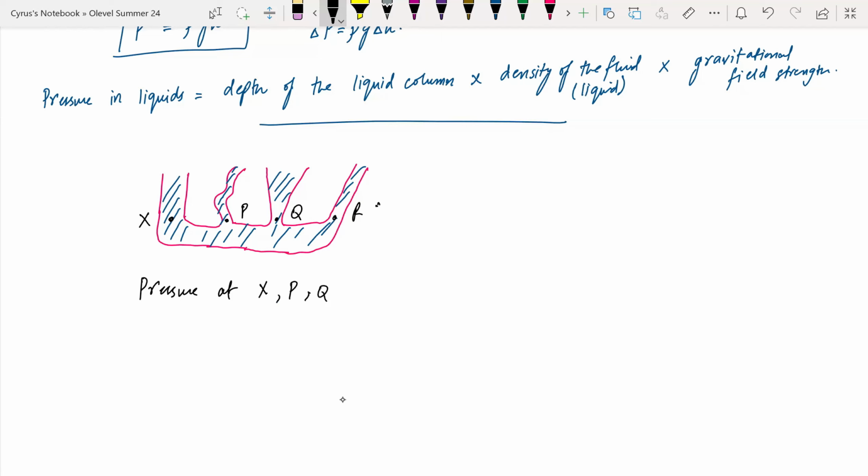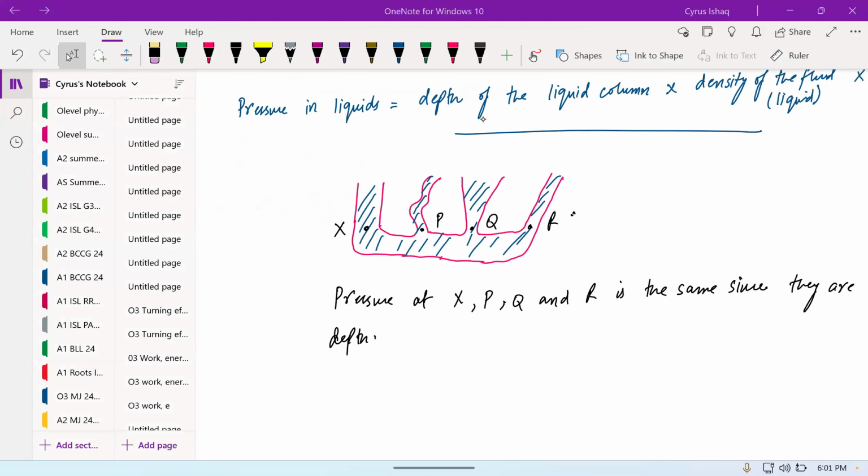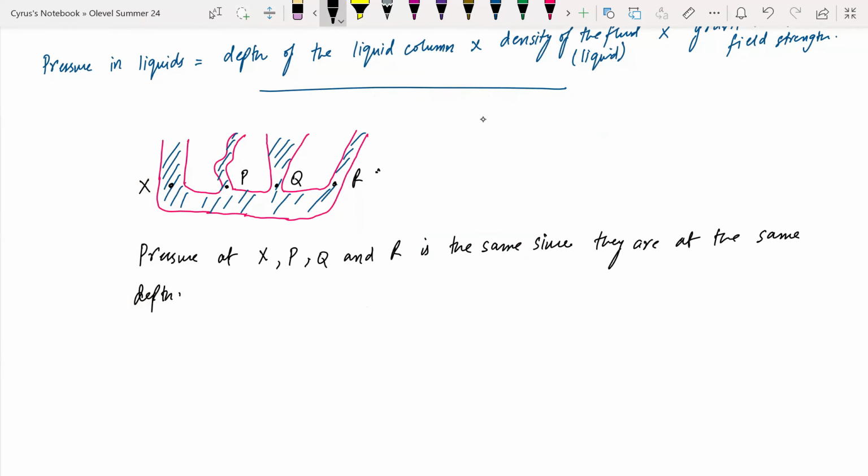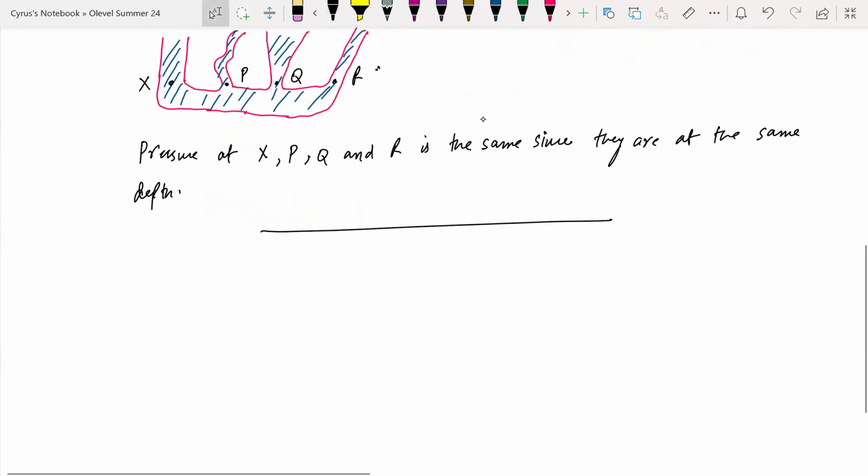It would be the same. The reason is, even though the areas are different, the pressure is the same since they are at the same depth.